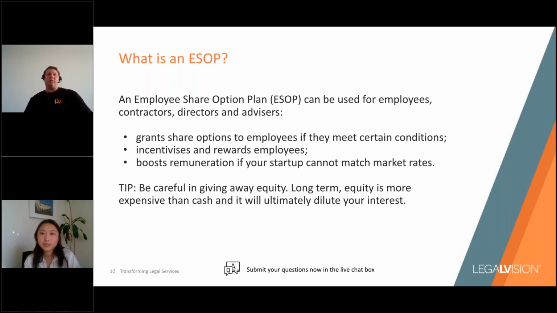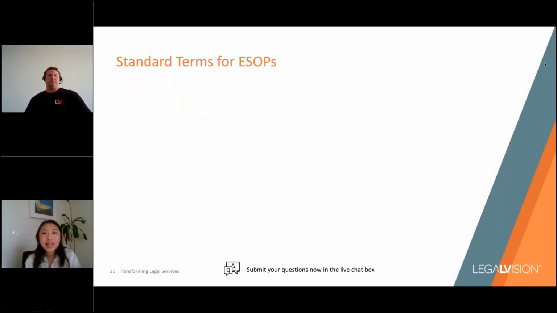Yeah, that makes sense. And I guess, what are the standard terms that we see in ESOPs? Yeah, so in terms of the standard terms that we see, two of the critical terms that we often discuss with our clients quite a bit. The first one I'll discuss relates to vesting. And so this is really important because ultimately, if you're using this as an incentive for employees, you want to make sure that they're hitting the milestones that you require before they actually get their shares.